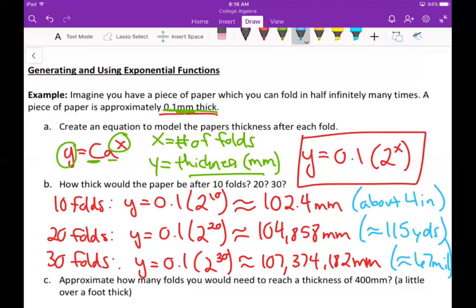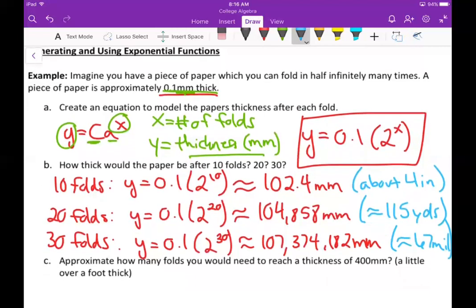Okay, so that exponential growth grows incredibly fast. So that's why we always are a little bit concerned about some things growing exponentially fast.